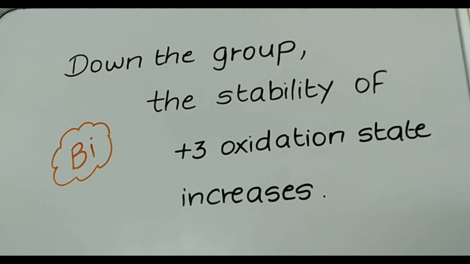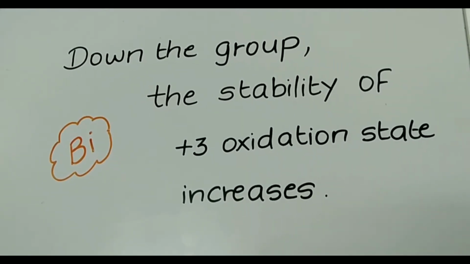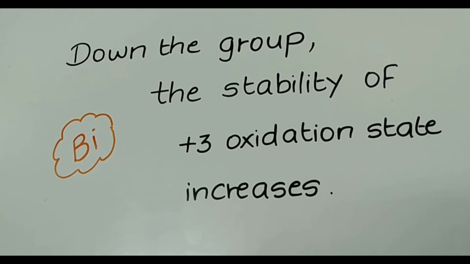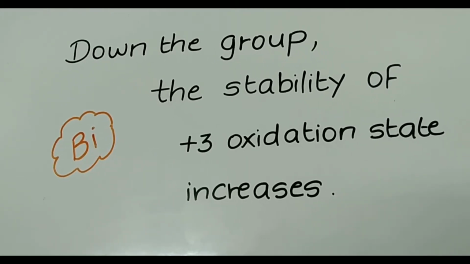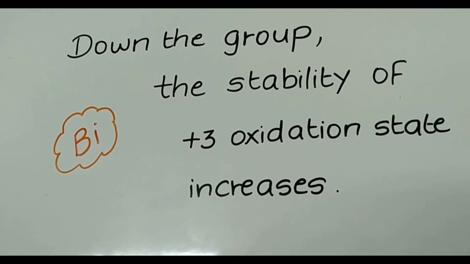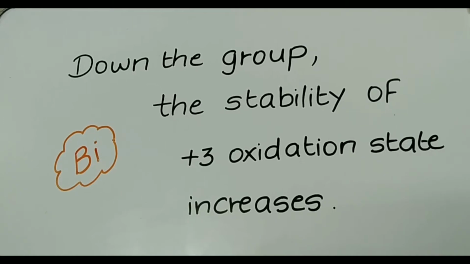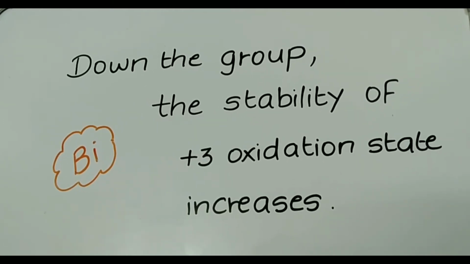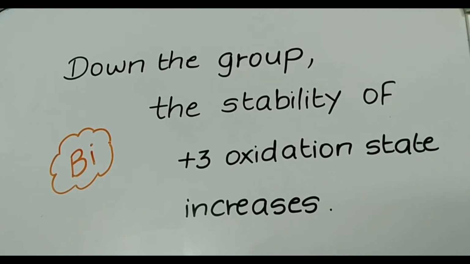Down the group, the stability of the +3 oxidation state increases. Why? Because down the group we are moving towards the metal, that is bismuth. In bismuth, we can see the inert pair effect, because of which the 2 electrons of s cannot take part in bond formation.